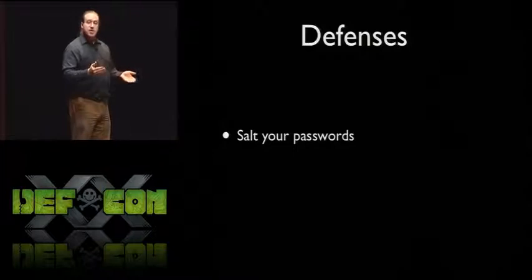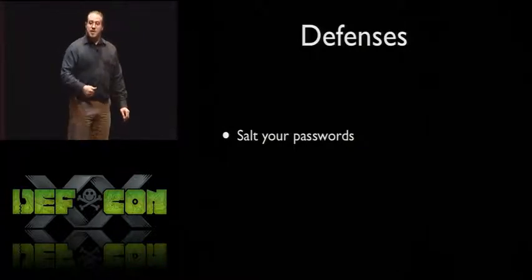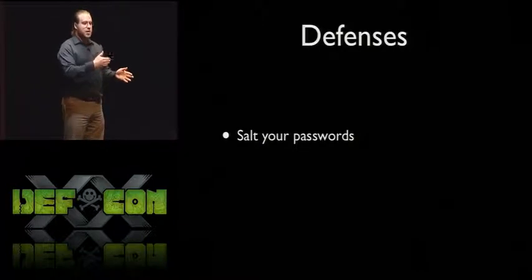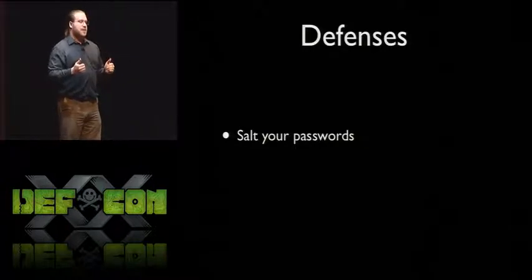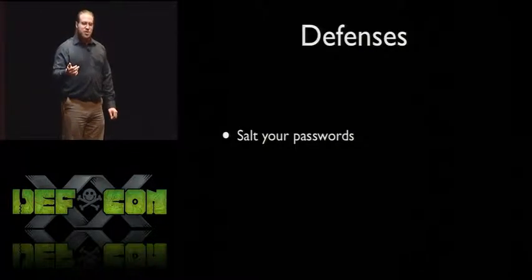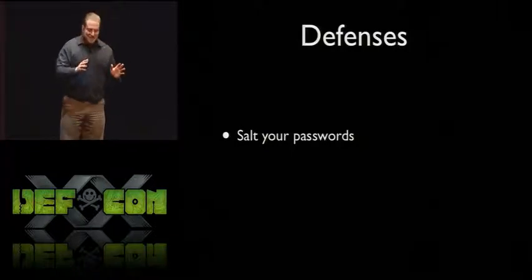I would say that the John the Ripper website, openwall.info.org, anyway, they have a great PHP library that does bcrypt. It's bulletproof. You give it a password, it gives you back a nicely salted, iterated hash. Use something like this. And if you're going to use PBKDF2, which does support multiple iteration counts, don't be silly like BlackBerry and use an iteration count of 1. You're not making it much better.